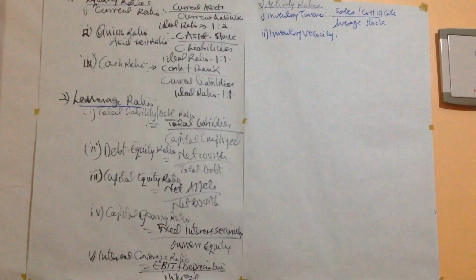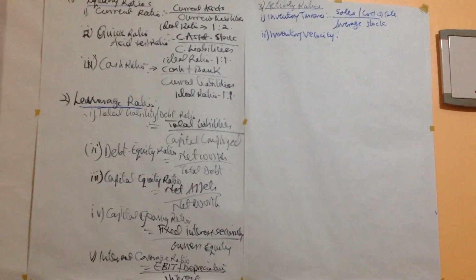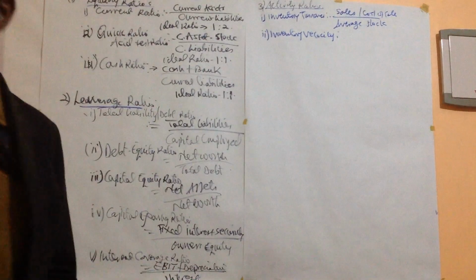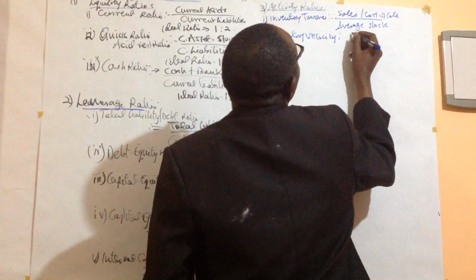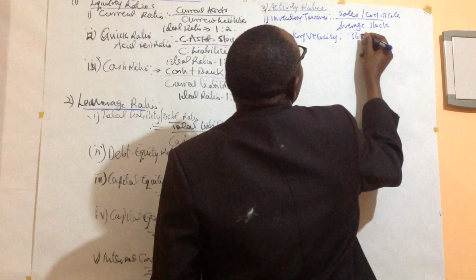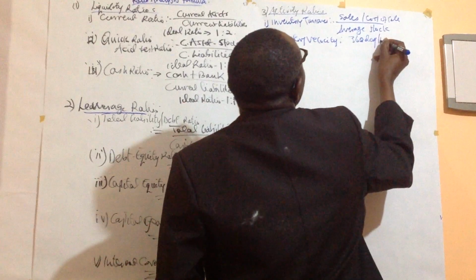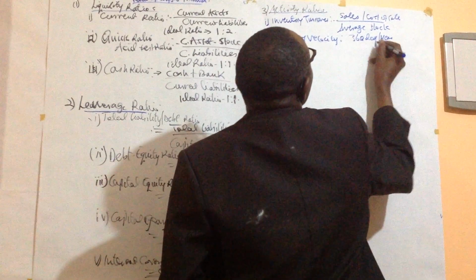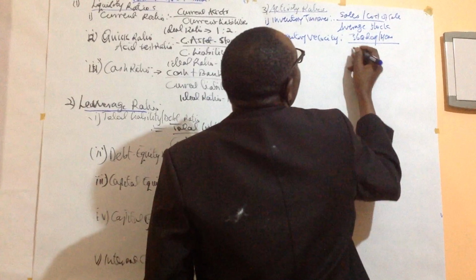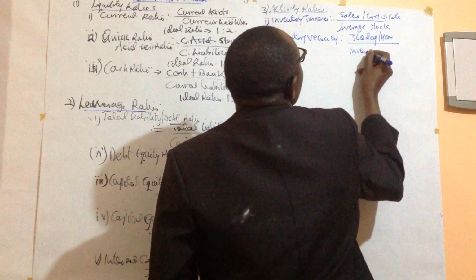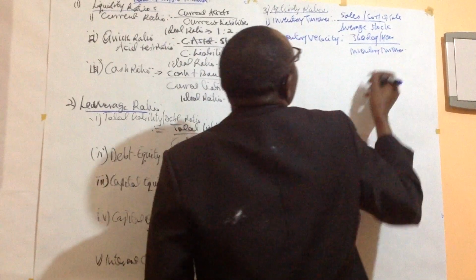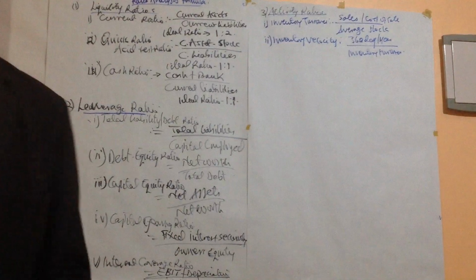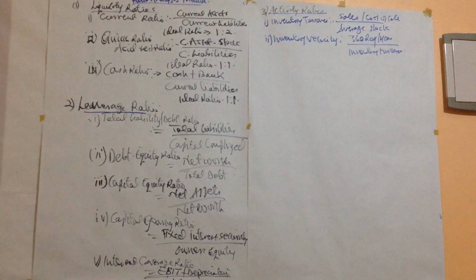So this one will be taking the number of days in a year, 365 or 360 days, over the inventory turnover, which gives a number of days.